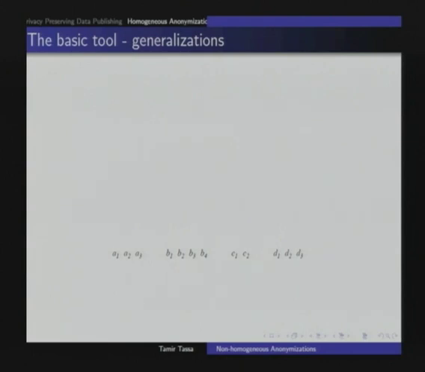The basic tool in achieving anonymizations like that is generalization. One of the usual tools in performing generalizations is using hierarchical generalization trees. Namely, we can put all the values of a given attribute as the leaves of some generalization tree.